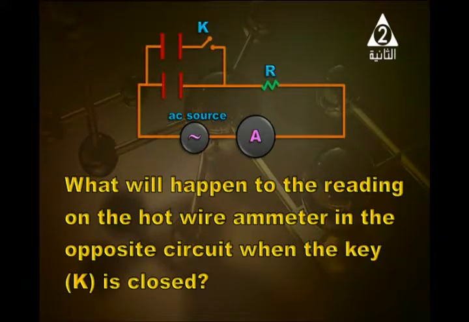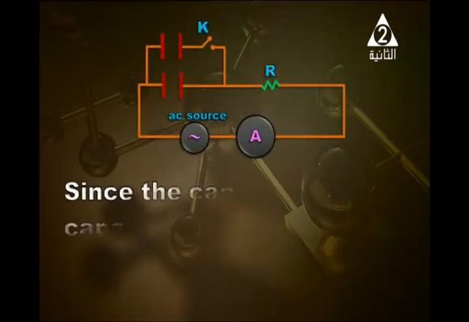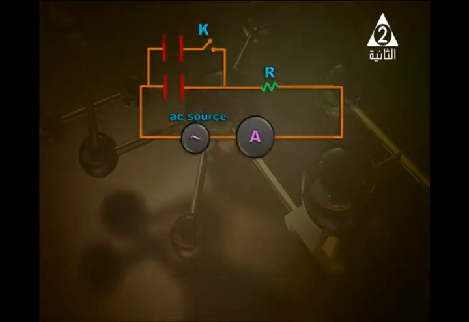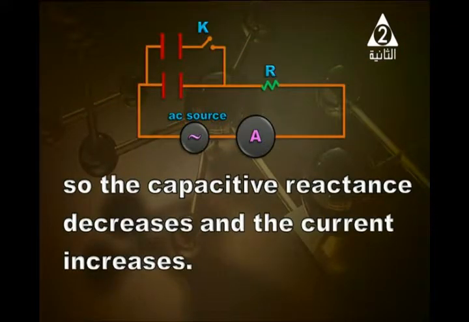So the current increases. So once again, since the capacity increases when capacitors are connected in parallel, the capacitive reactance decreases and the current increases. So the reading on the ammeter will be increased.